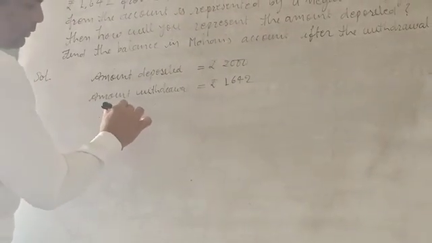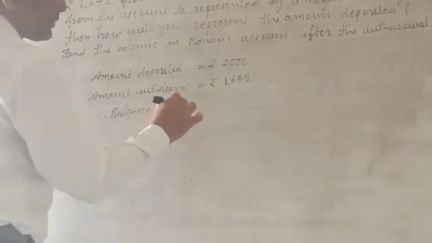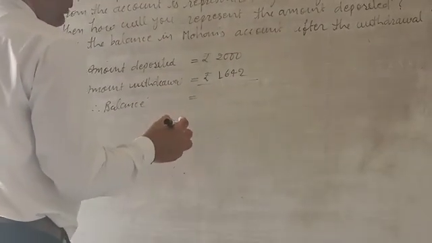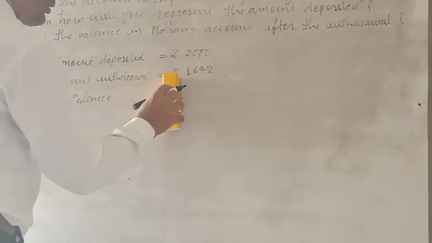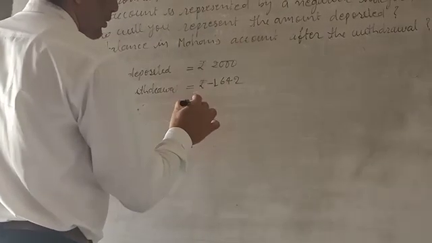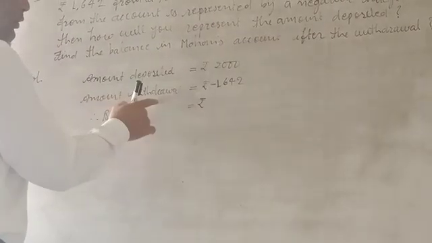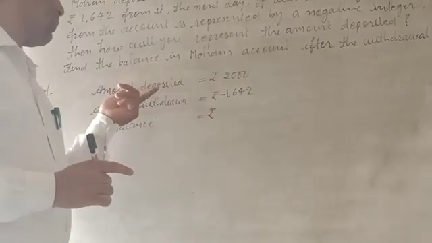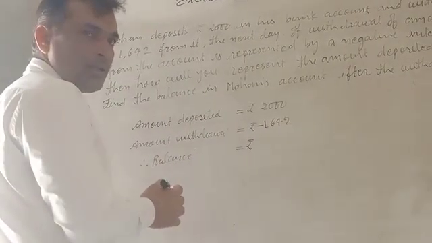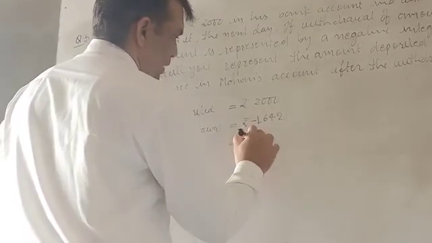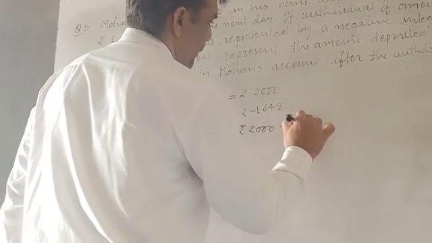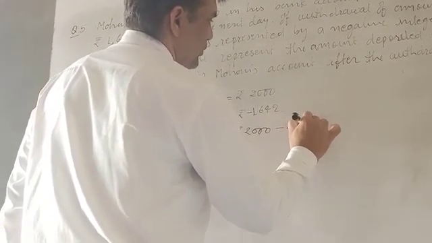Therefore, balance is equal to, we have to subtract. Amount withdrawn is denoted by a negative integer and amount deposited is denoted by a positive integer. Therefore, the balance in his account will be rupees 2000 minus rupees 1642.